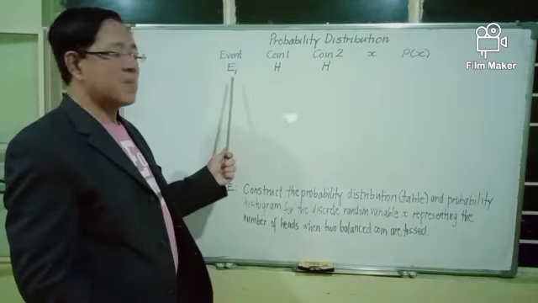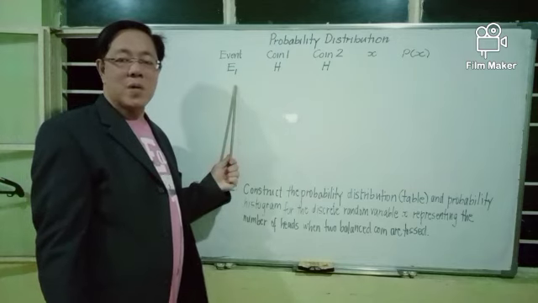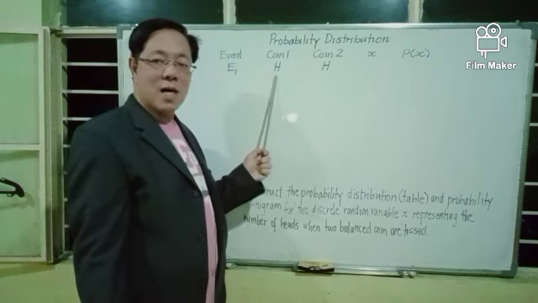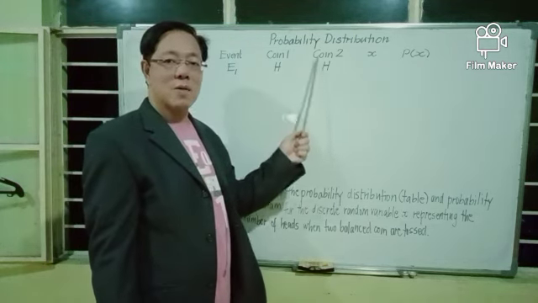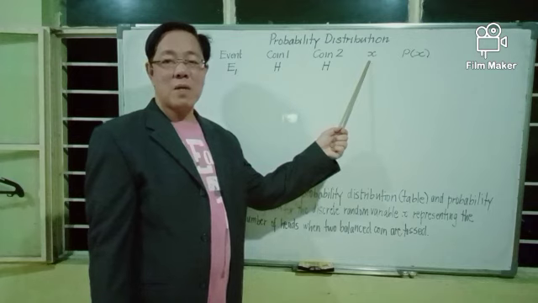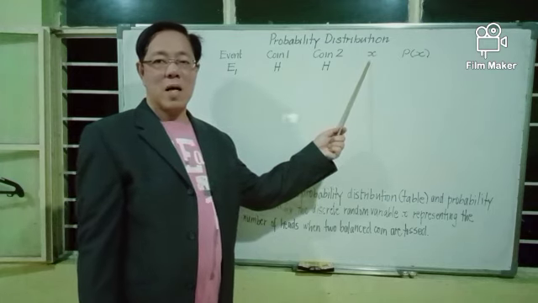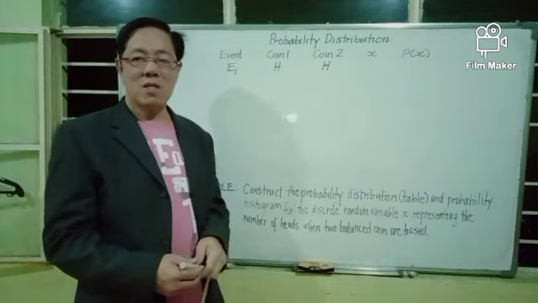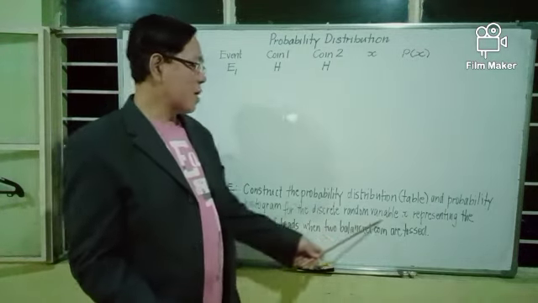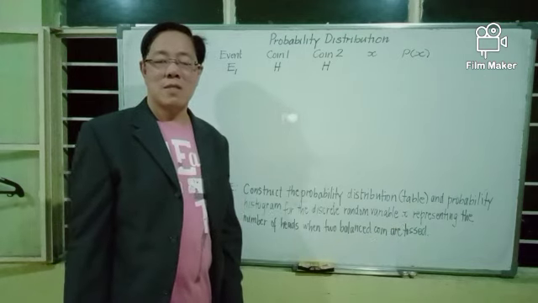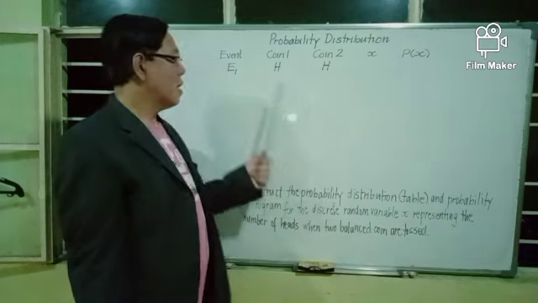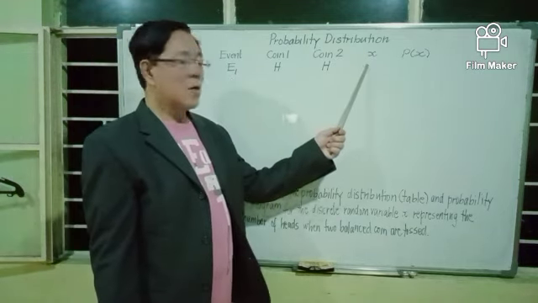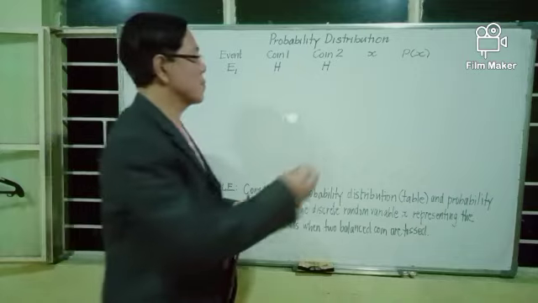For this event E1, we have head in the first coin and head in the second coin. Therefore, the value of the discrete random variable X for this event is 2, because X represents the number of heads when two balanced coins are tossed, and for this event we have 2 heads. So x is 2.